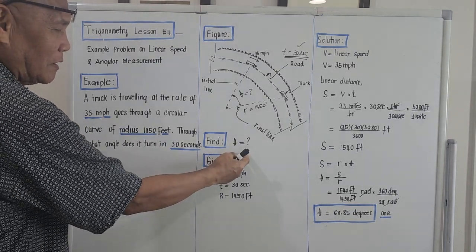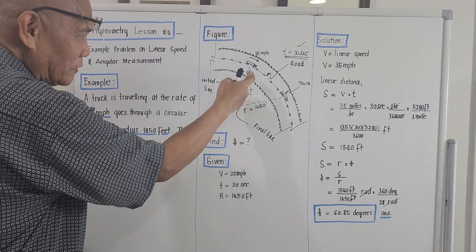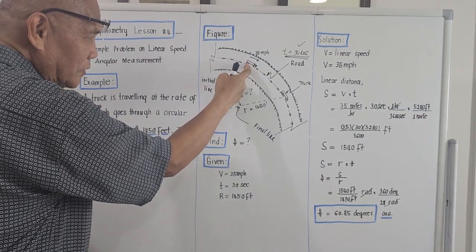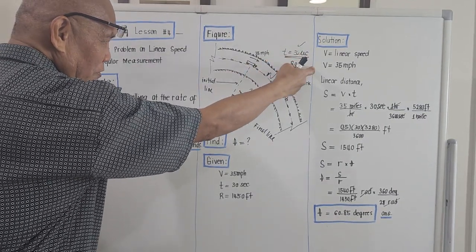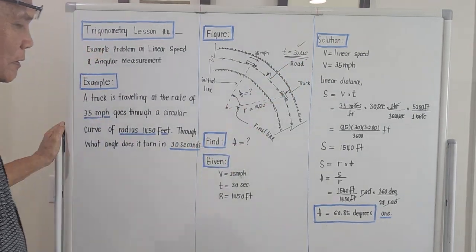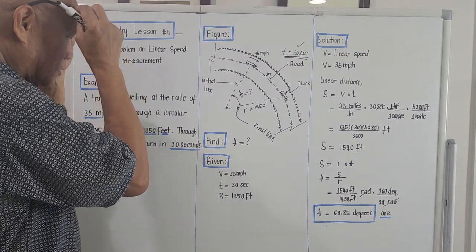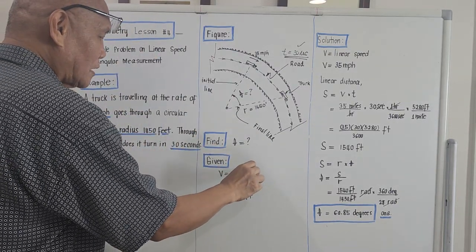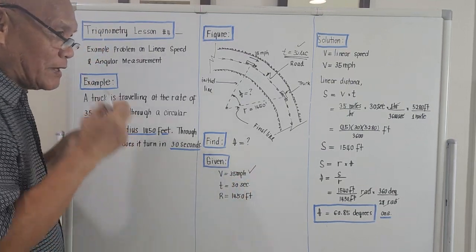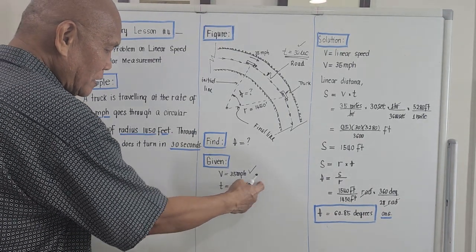The angle theta traveled by the truck after 30 seconds, if the radius of the curve is 1,450 feet. So the given in the problem is the linear speed of the truck, 35 mph. Mph is actually miles per hour. And the time involved is 30 seconds.